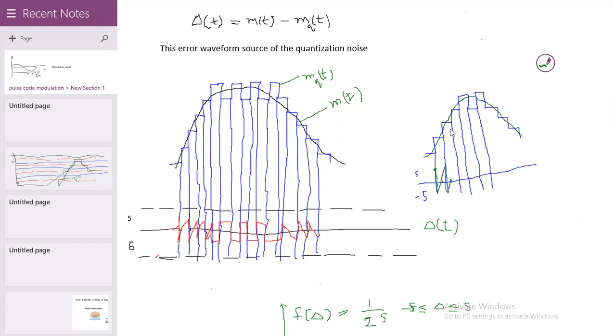Then from this point here, m of t is greater than mq of t, so the error is positive. Similarly here also.